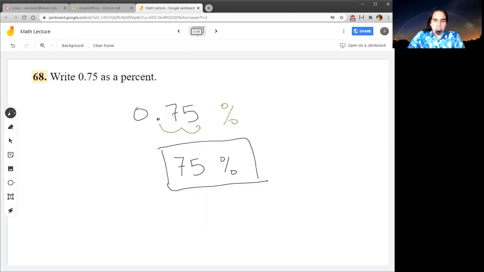So there's this pattern. It's always two scoots because percent always means out of 100, and dividing by 100 was two scoots. If I am starting with a plain decimal and going into percent format, I move to the right.